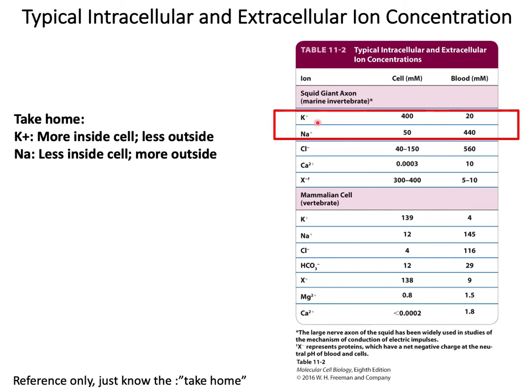This table shows a typical intracellular, inside the cell, and extracellular, outside the cell, ion concentration of several ions. Just for an idea, you do not have to remember those numbers, but I want you to remember the 2 key facts, which are true for every single cell in the metazoans.